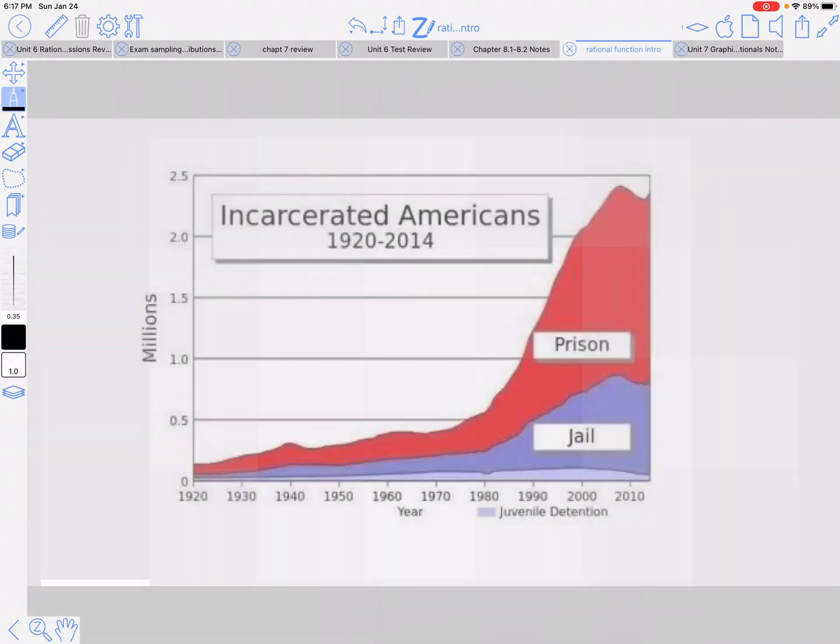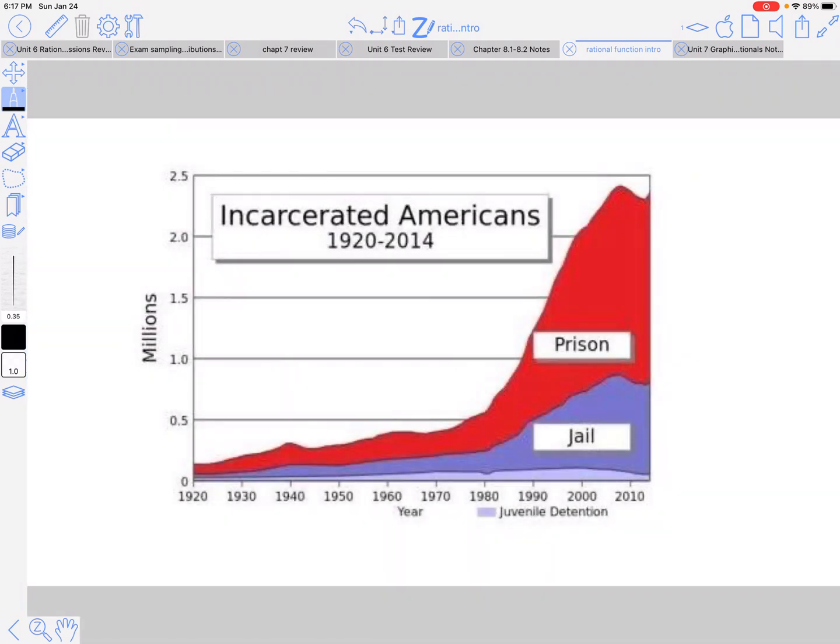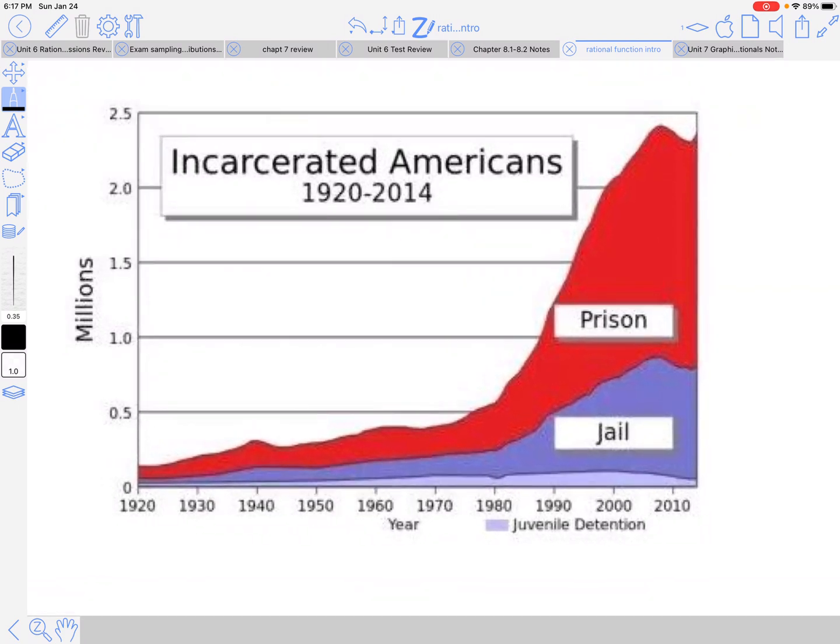Alright, so a little bit not too exciting, not too happy, but this is incarcerated Americans. So from 1920 to 2014, from 1980 on, we've had a lot more people incarcerated. And there's probably many reasons, right?